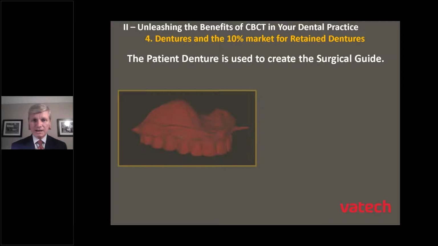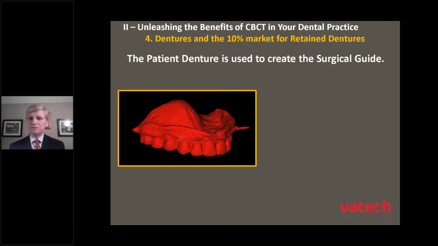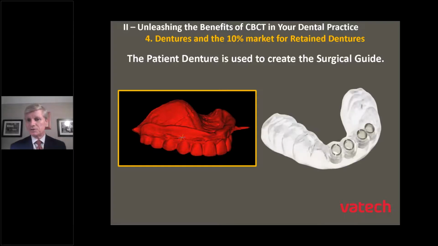They would then take this DICOM of the denture itself and fabricate the guide for you. Or again, if you want to print it out yourself, you certainly have the ability.